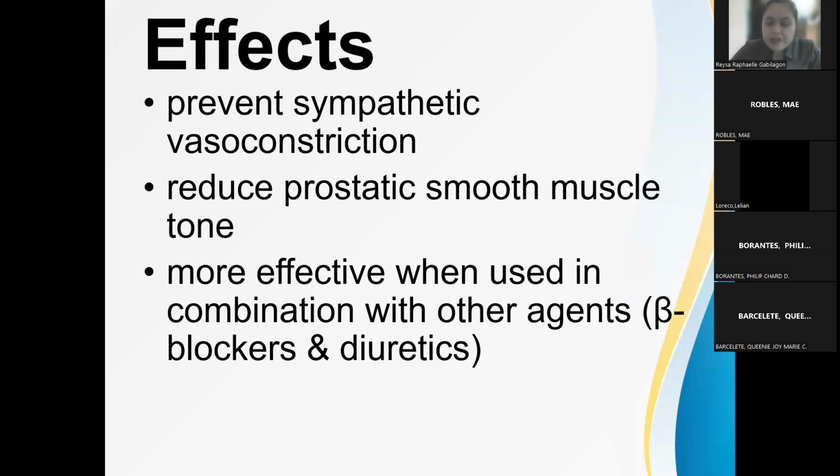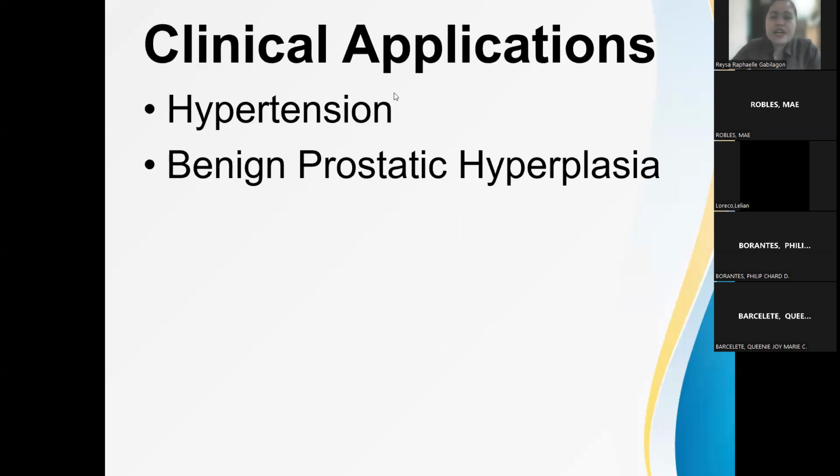Or if we combine it with diuretics, makukuha din natin yung mas malaking effect sa kanila. So, mas malaki yung ibababa ng blood pressure. Okay? So, clinical applications, aside from using this for hypertension, ginagamit din natin sila for BPH.